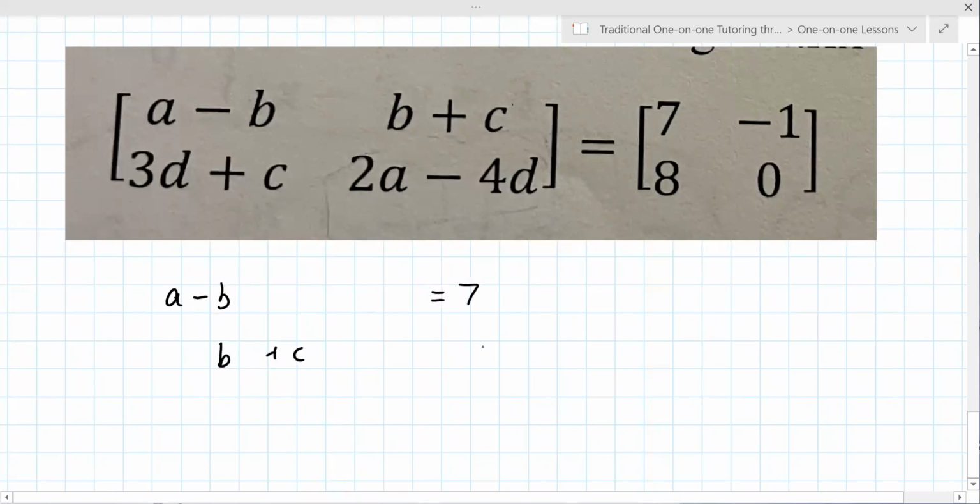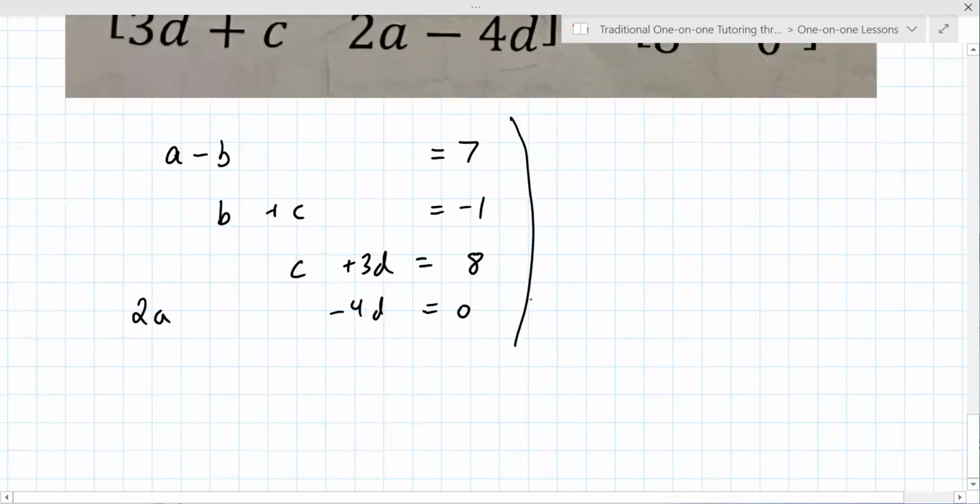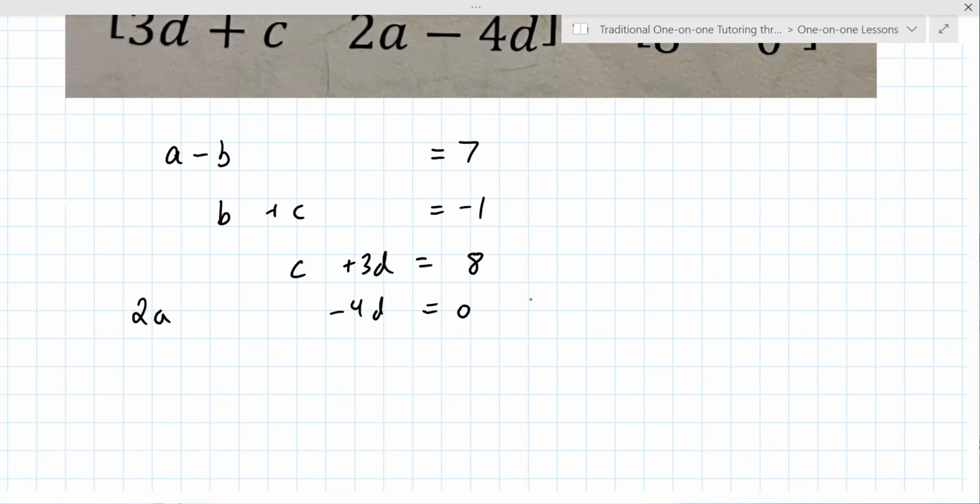B plus C equals -1. This one's out of order, but we'll go C plus 3D equals 8, and then 2A minus 4D equals 0. Now this is bigger than a 2x2, but you can do some things to make it nice. We can do this by hand, I guess is what I'm trying to say.